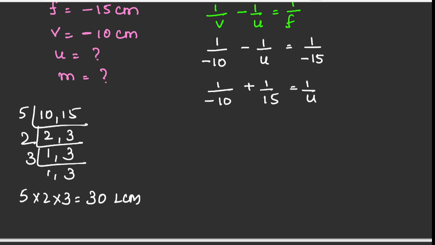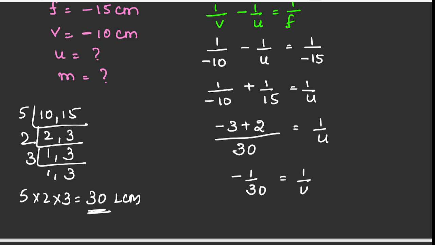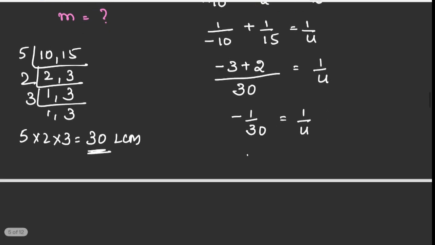So the LCM is 30. 10 3s are 30, so minus 3 plus 15 2s are 30 is equal to 1 by u. So you will get minus 1 by 30 is equal to 1 by u.